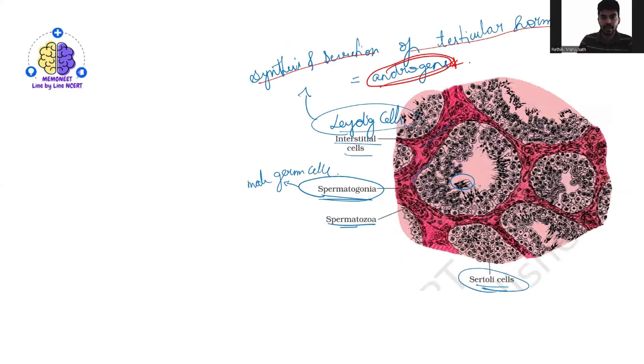Right, so the next thing is the penis, the end part. The penis is the male external genital part, and it is made up of a special tissue that helps in the erection of the penis.